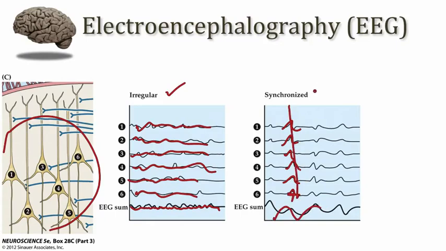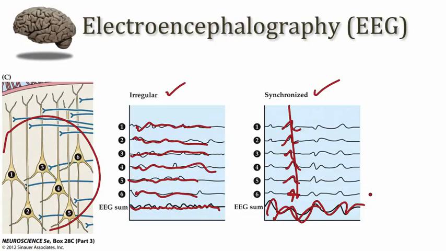So when there is synchronous input activity to a local region of the cerebral cortex, we tend to have higher amplitude but lower frequency oscillations that can be recorded. And as we'll see, this synchronized pattern of activity is indicative of non-REM sleep.